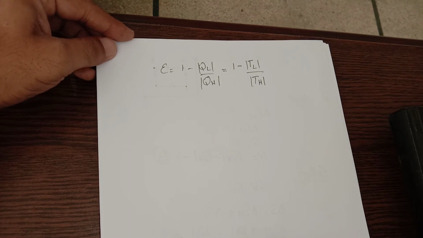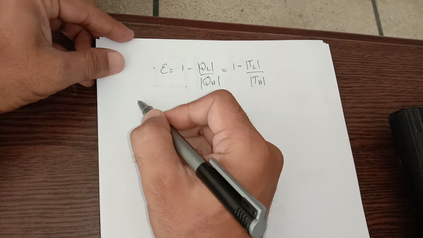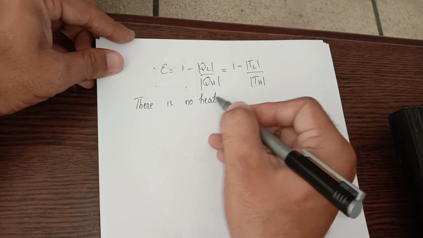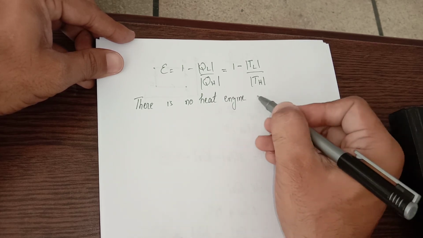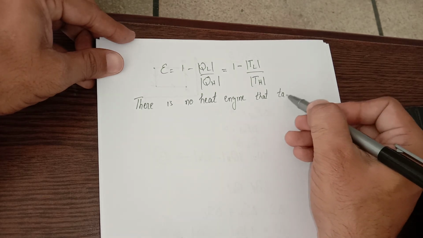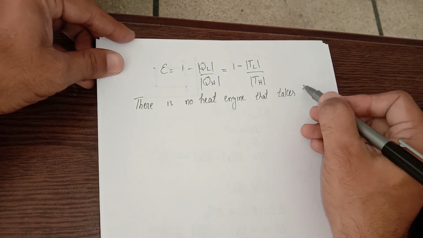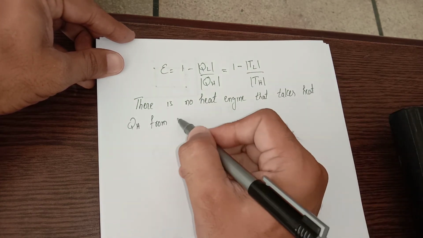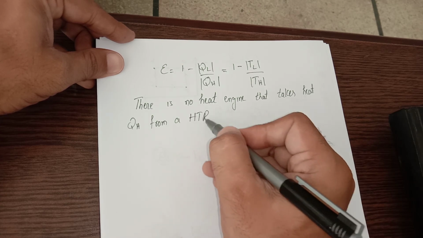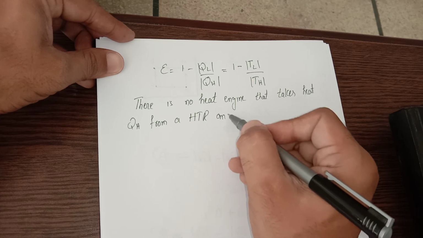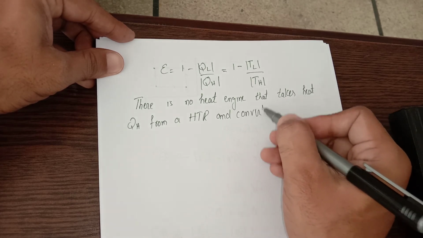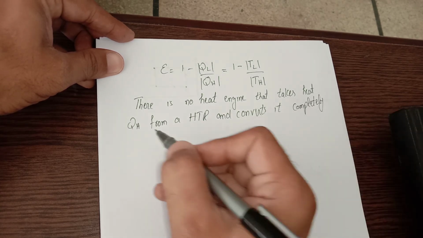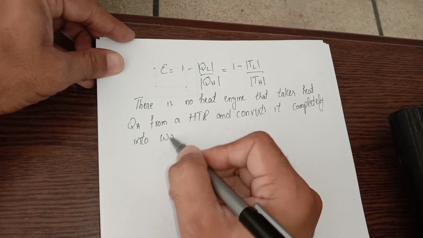And we come to the conclusion that there is no heat engine that takes heat QH from a HTR, high temperature reservoir, and converts it completely into work.